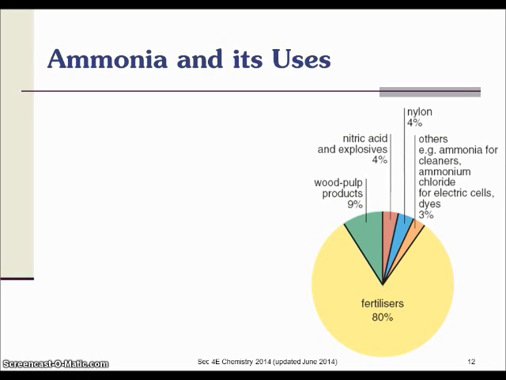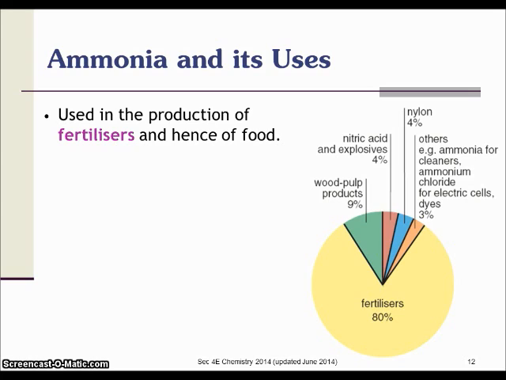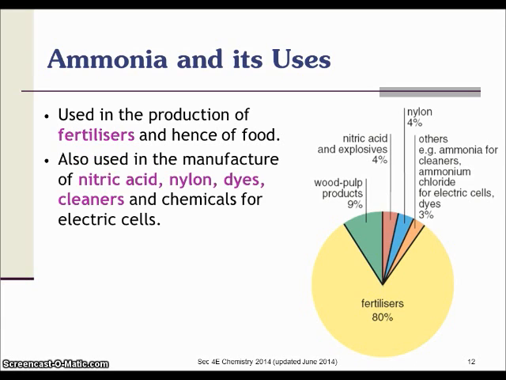Now, let us look at ammonia and its different uses. Ammonia is used in the production of fertilizer and hence of food. It's also used in the manufacture of many different chemicals such as nitric acid, nylon, dyes, cleaners, as well as chemicals for electric cells.